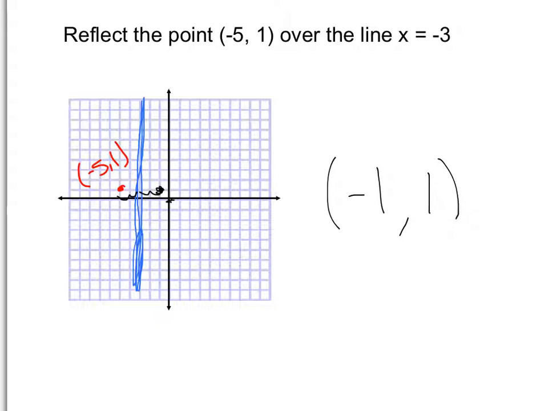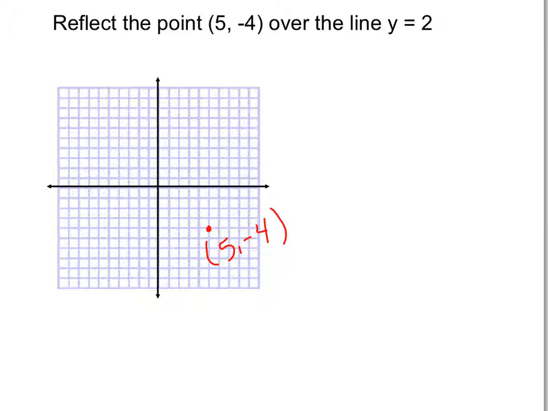We're going to do 2 more examples here. Let's try the line y equals 2. So y equals 2 is this line up here. It's a horizontal line where on every point on that line, y is 2. So you have the points (0, 2), (1, 2), (5, 2). All those points are on that line. From that line, I see how far my red point is. Let's see, it's 1, 2, 3, 4, 5, 6.